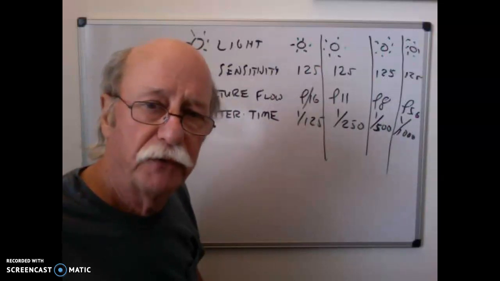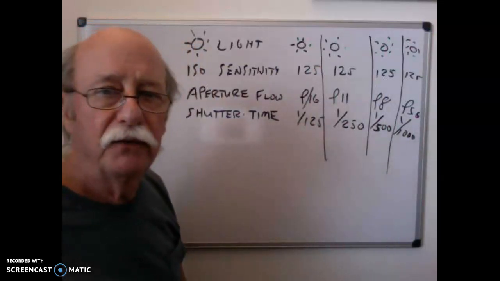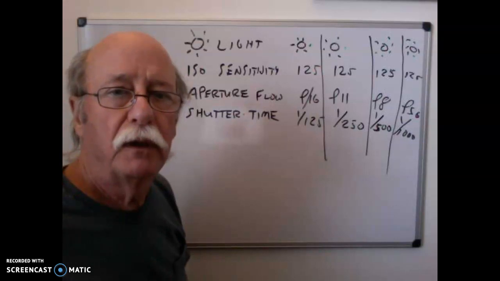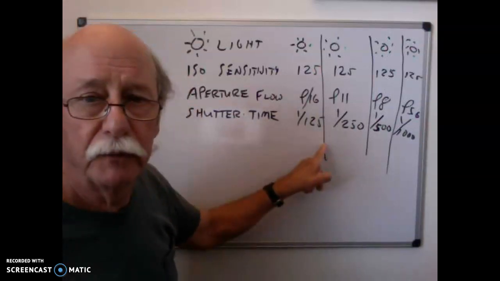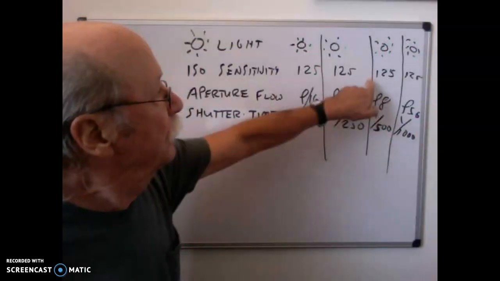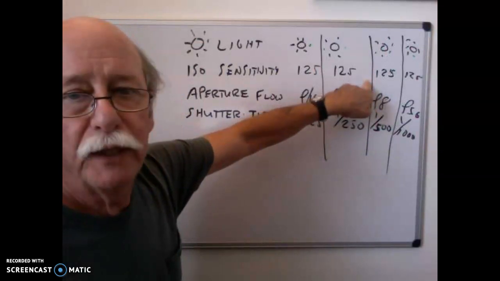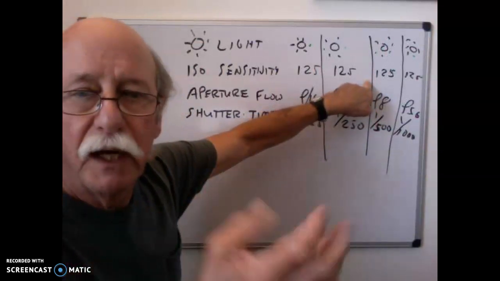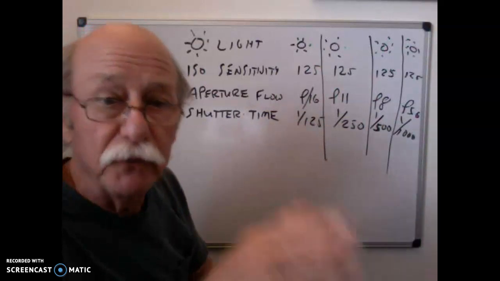We'll talk more about this as we go along, and it will become more a matter of nature. It's not terribly complex. Sensitivity, low is better for quality. High is better for being able to capture things in low light.